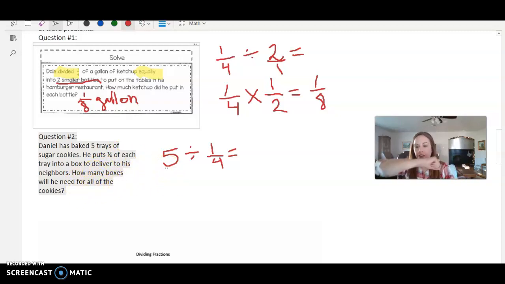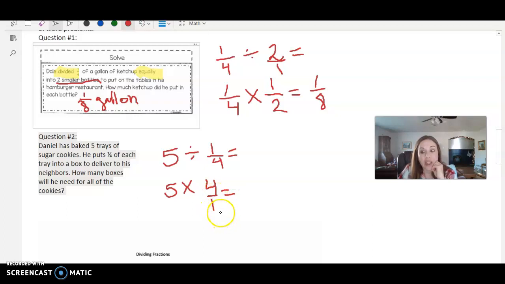So if we're dividing fractions, we keep the dividend. My dividend is 5. It is the first number in this equation. So that's what we keep. We multiply by the reciprocal of 1/4. So let's flip 1/4. 1/4 flipped is 4 over 1 and multiply across.